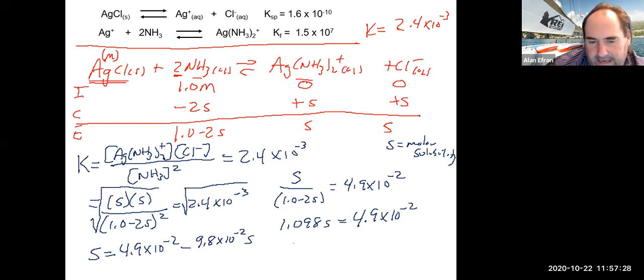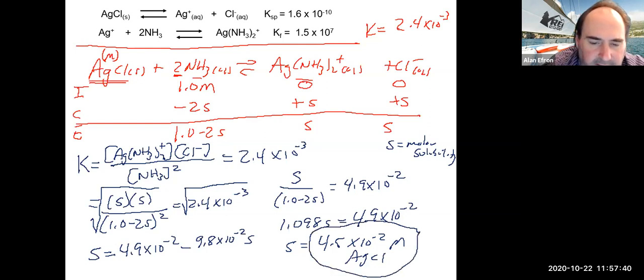That gives me an S of 4.5 times 10 to the minus 2 molar, which would be our silver chloride's solubility in ammonia. Any questions on that?